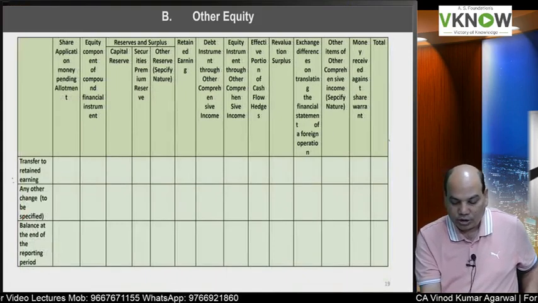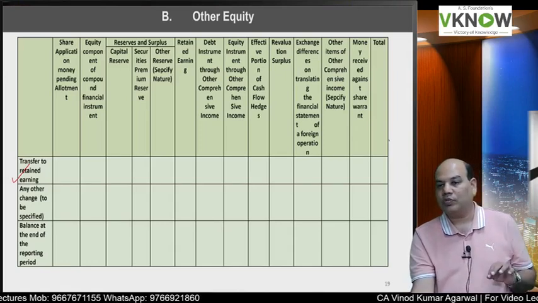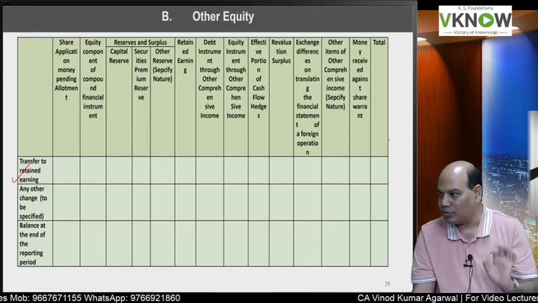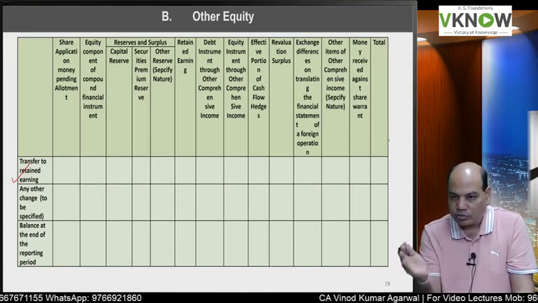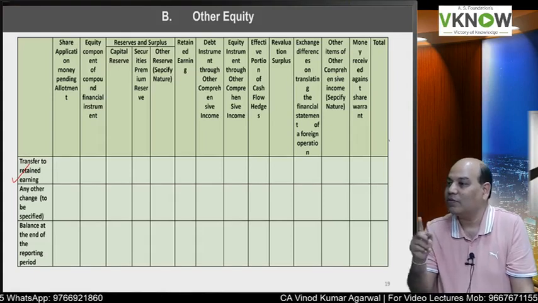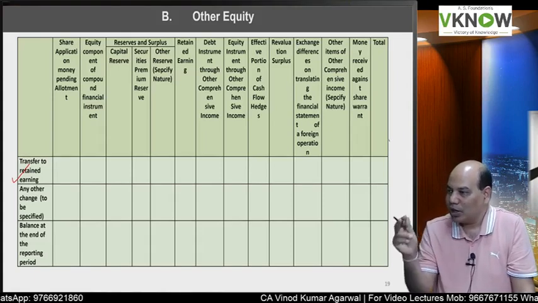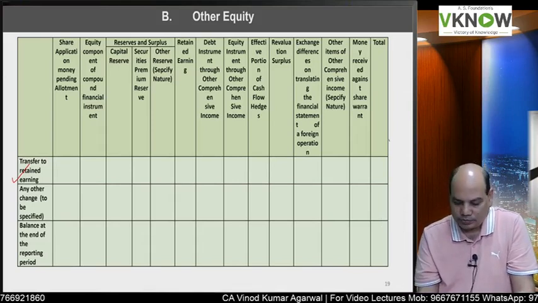Then any transfer to retained earning. So company may have a policy of transferring 10% profit from P&L account to general reserve or from any other reserve to retained earning. So whatever is the inter-reserve transfer, minus in one column plus in another column. Understood?